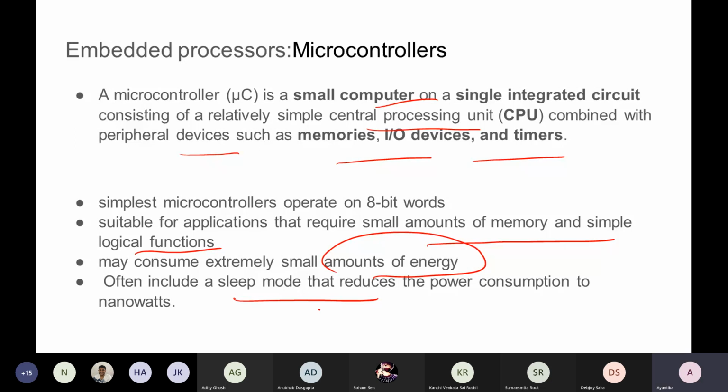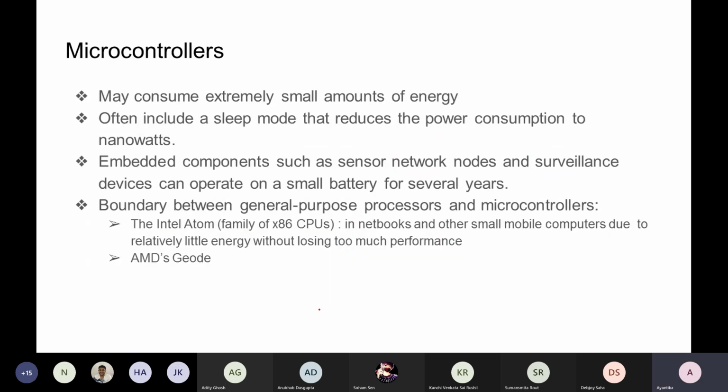Next, sorry, this is a repetition. Embedded components such as sensor network nodes and surveillance devices can operate on small batteries. Yes, we have mentioned that. And this is a boundary between general purpose processor and microcontroller. So from this example you can see that typical microcontrollers should support some blocks that are suitable for a particular embedded domain application, whereas general purpose processors on the other extreme end support all types of computation.